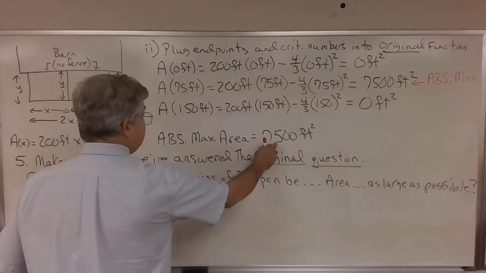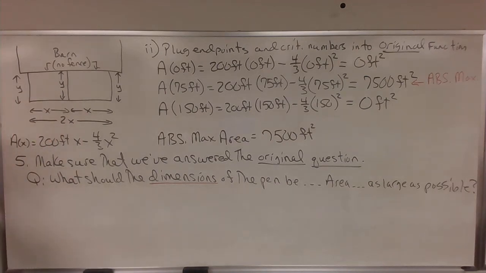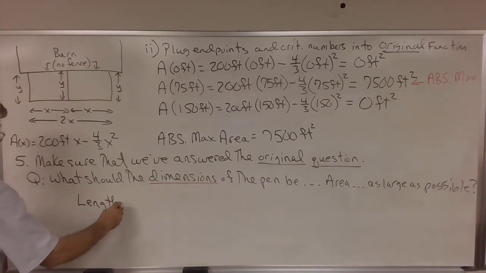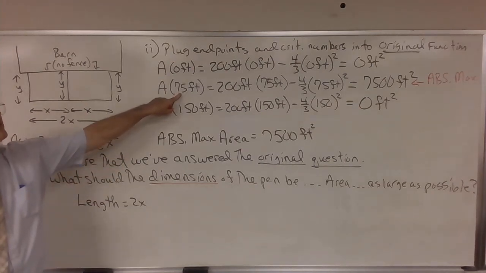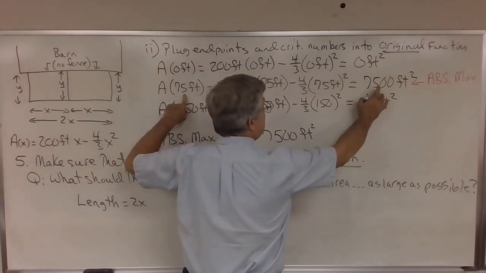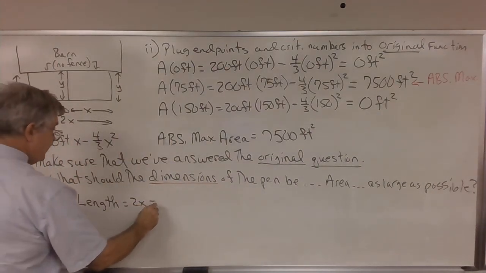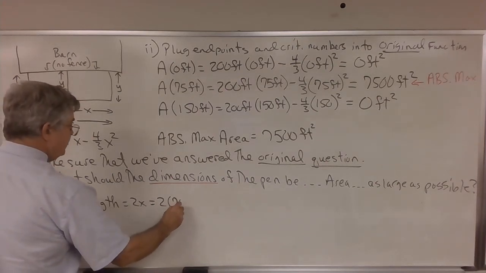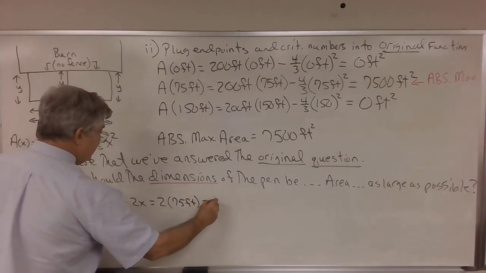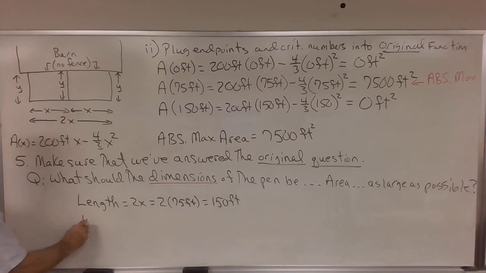So we've got the largest area possible, but they're asking for the dimensions. So length equals 2x. And what value of x was it that got me my maximum area? When x is 75 feet, here's our absolute maximum area. Now the length is 2x, so that's 2 times 75 feet, which equals 150 feet. So my length is 150 feet.